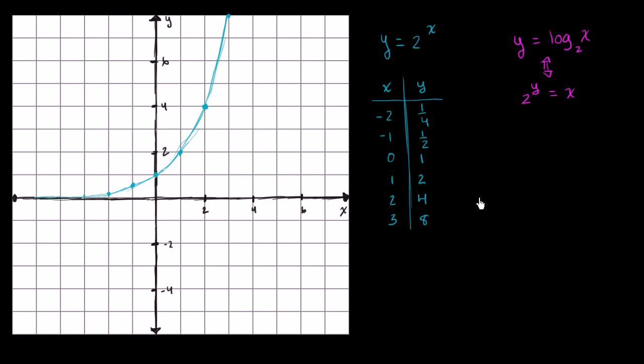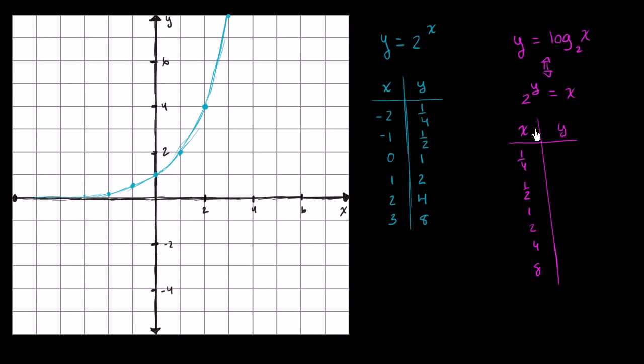And what we will see is that we could essentially swap these two columns. So x and y. So let me just do 1/4, 1/2, 1, 2, 4, and 8.